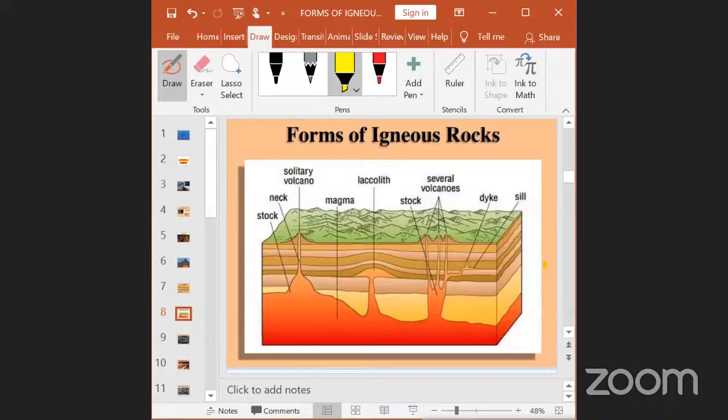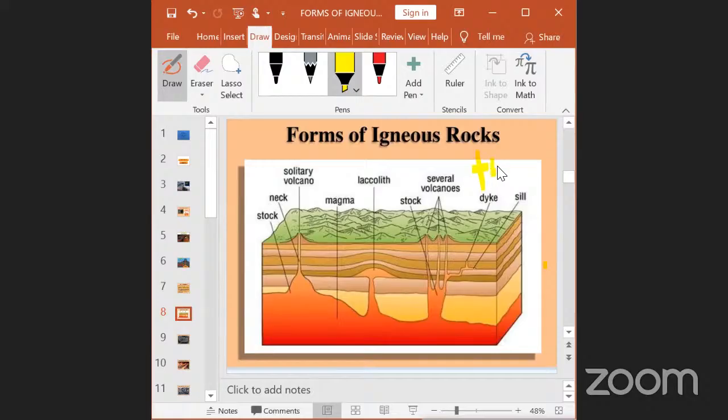So a rock formed out of volcanic dust and volcanic ash is called tuff. A rock formed out of volcanic dust and ash, that is called tuff, right?